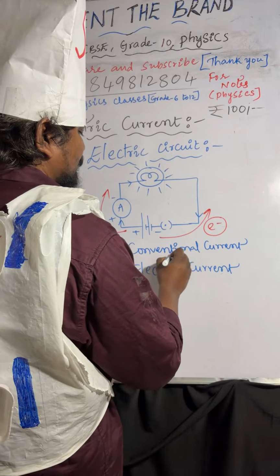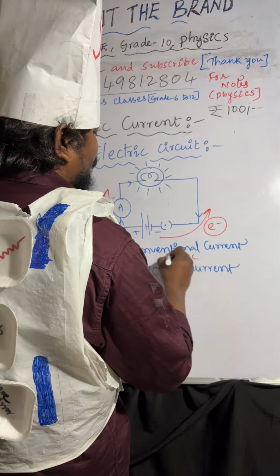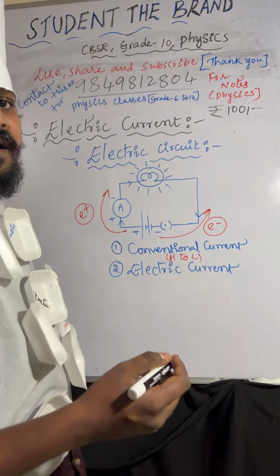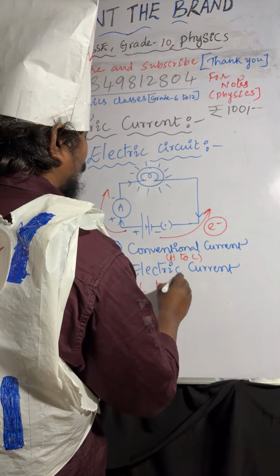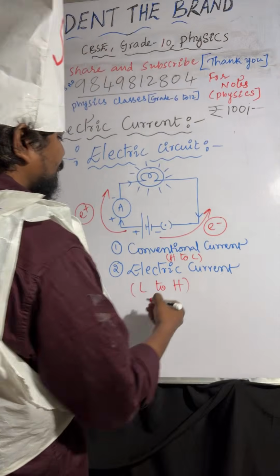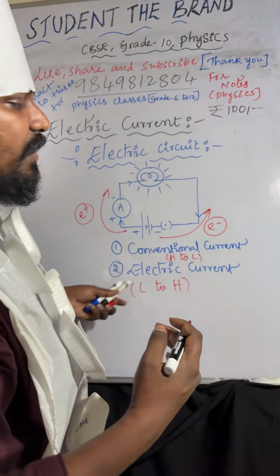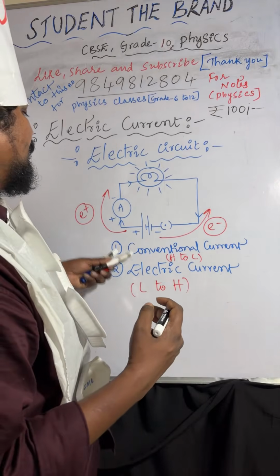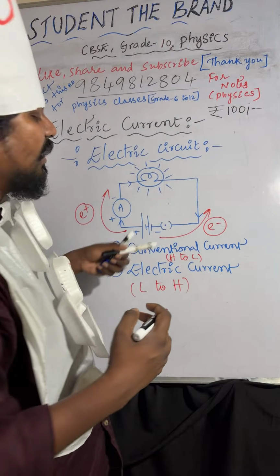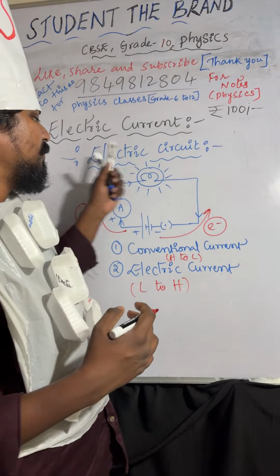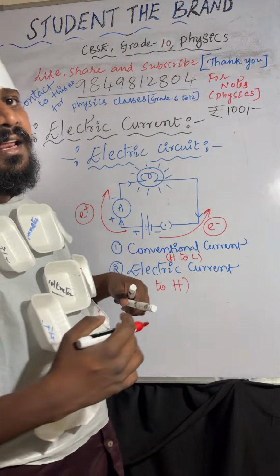Electric current is nothing but the flow of electrons, so electrons are moving from low potential to high potential. So this is about conventional current and electric current.